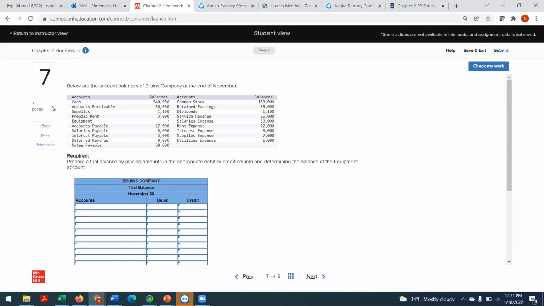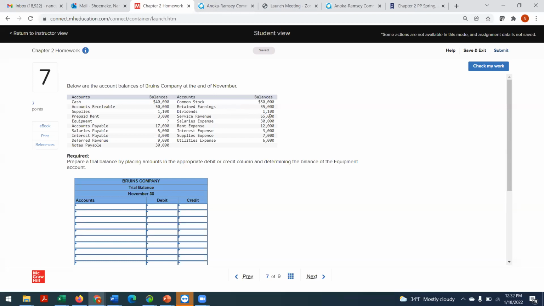So you can see this first grouping of accounts, cash, accounts receivable, supplies, prepaid rent, and equipment, which they don't give you the amount, have all what kind of balances, guys? Debit balances. All of the liabilities, the payables and the deferred revenue, have credit balances. The common stock and the retained earnings have credit balances.